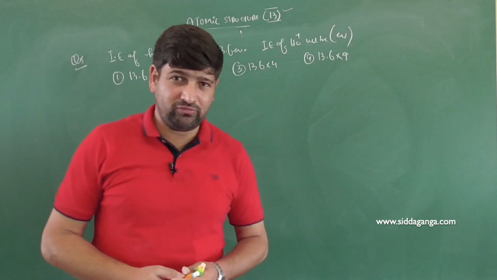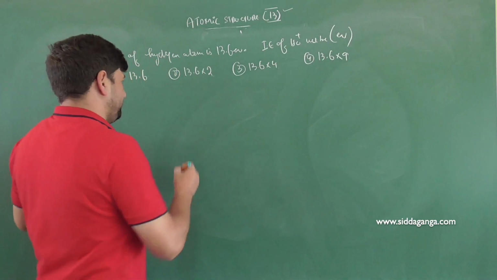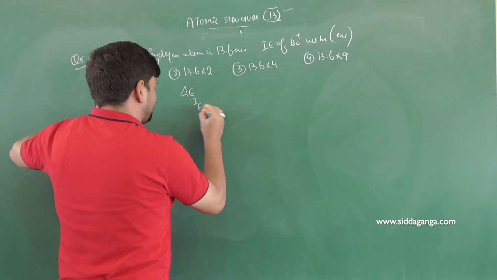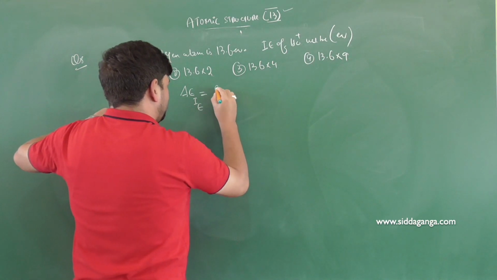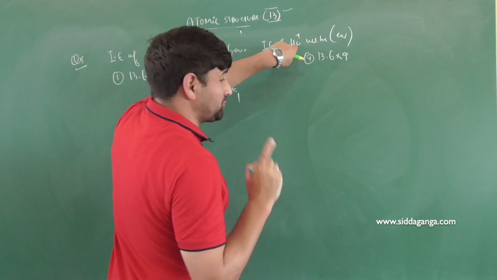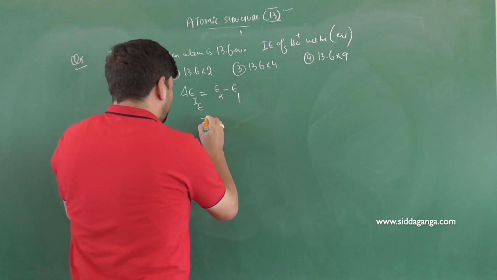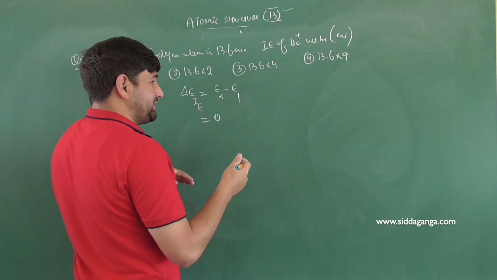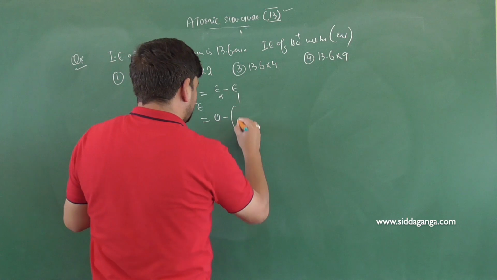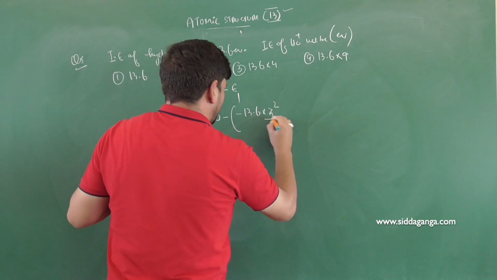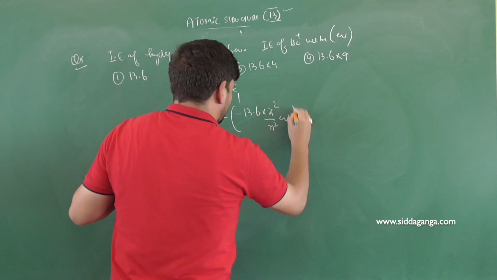Now children, when we are calculating ionization energy, the energy difference will be equal to E infinity minus E1, because for helium also n1 is 1. We know that for E infinity it will be 0. Energy of the electron at infinite distance is 0, minus of minus 13.6 into Z square by n square electron volts.